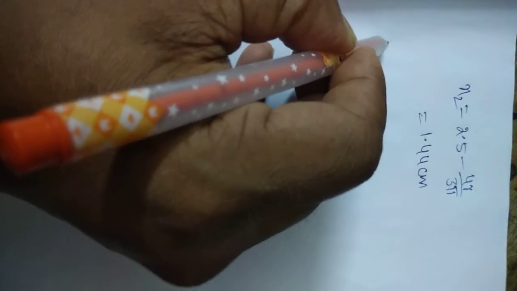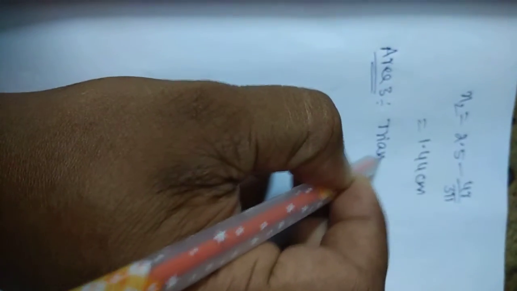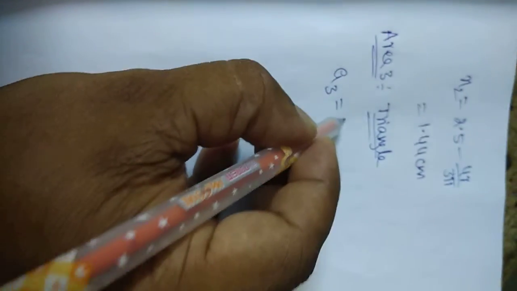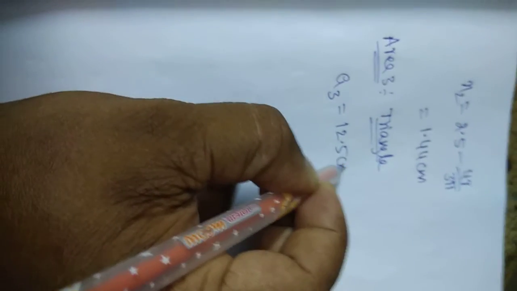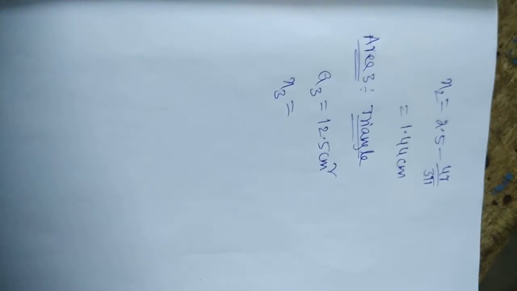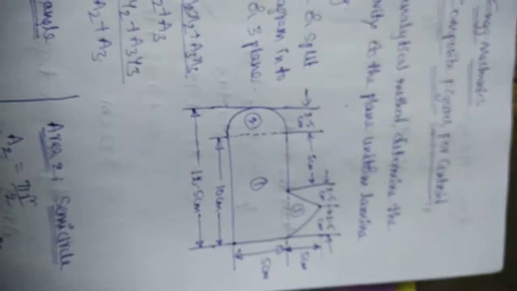Now considering area 3, the triangle. A3 is equal to 12.5 centimeter square. For X3, we need to go from left to right.